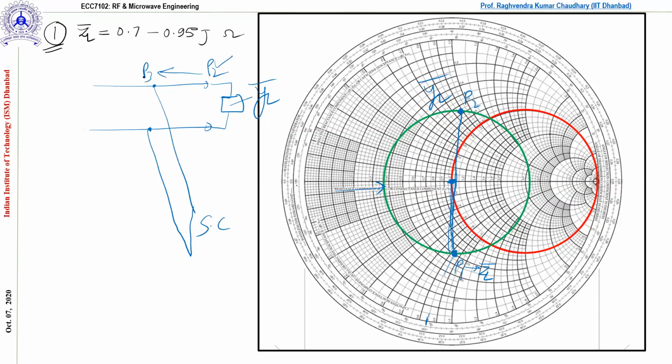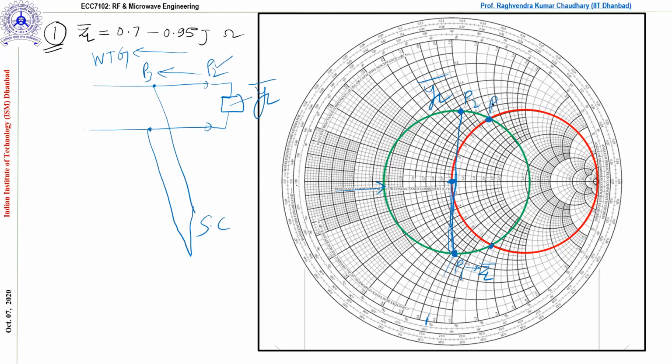Where are we going? We are going towards the generator side, so we read the scale wavelength towards the generator. Now if you move from P2 to P3, you will have two intersection points.